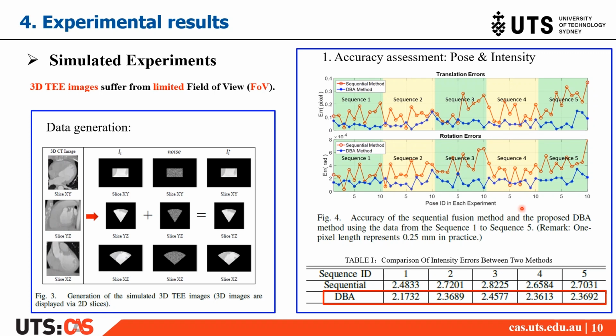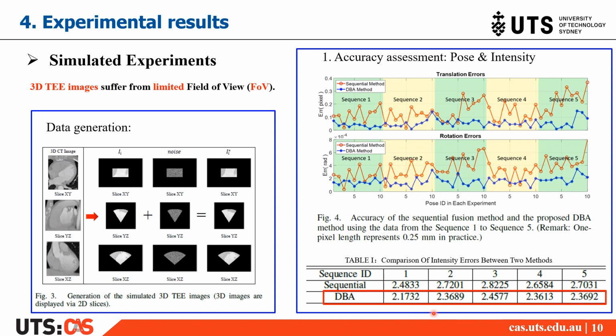In addition, we also calculate the mean absolute errors of intensities of the first global images with respect to the ground truth image, and the results are shown in Table 1.